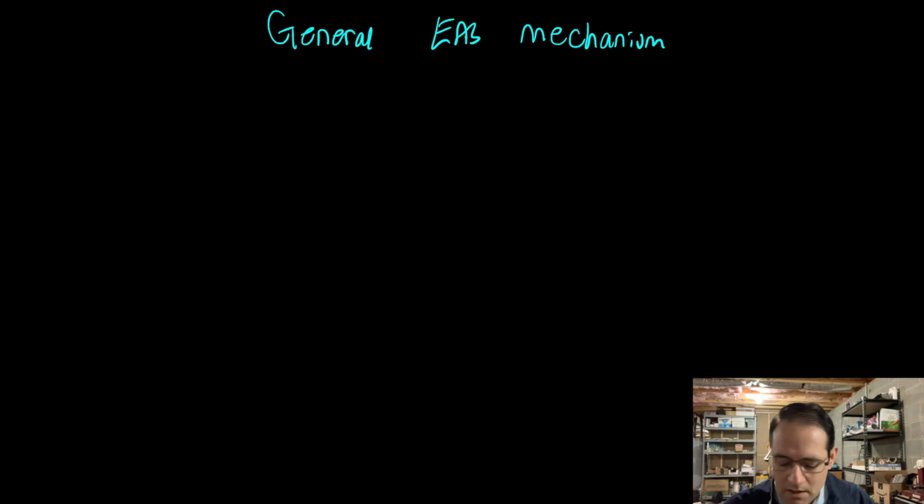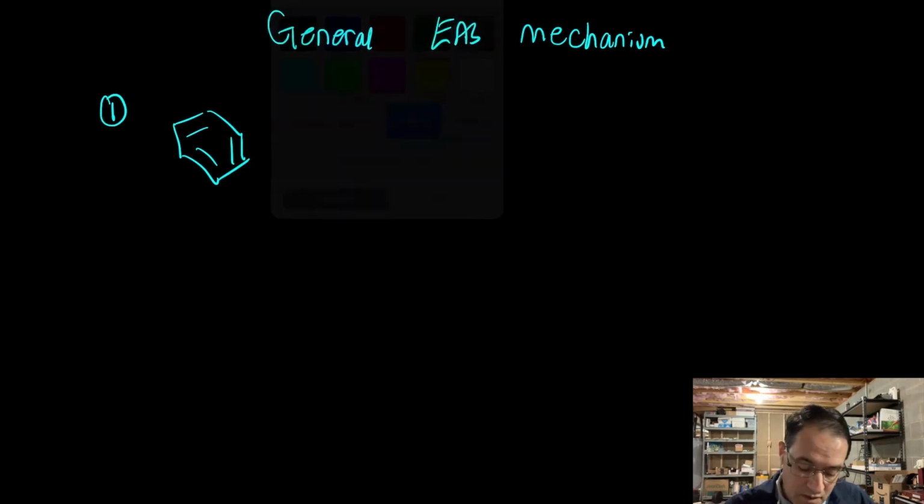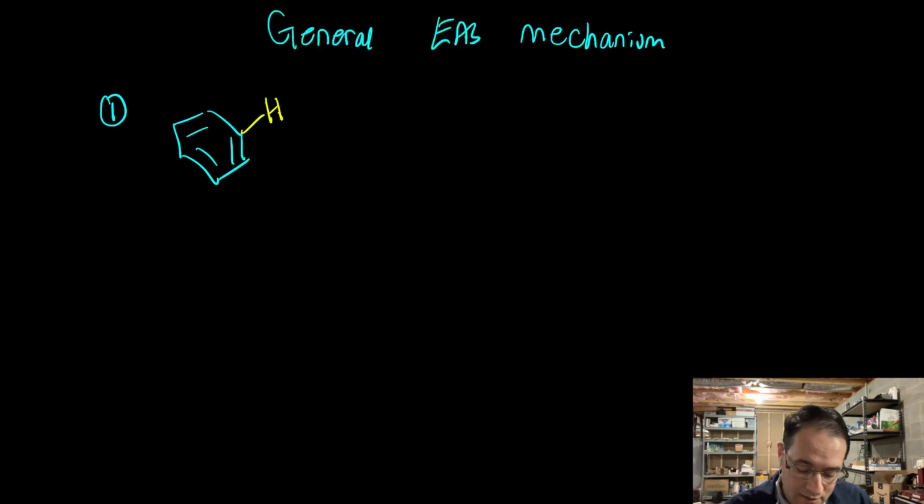Okay, in step 1 you make the electrophile, but we're just going to assume we have it. In step 1, what you're going to have is nucleophilic attack of your benzene onto, or towards, the electrophile. And remember, the whole goal is to substitute that hydrogen for some group E. E could be a carbon atom, a bromine, chlorine, nitro, whatever.